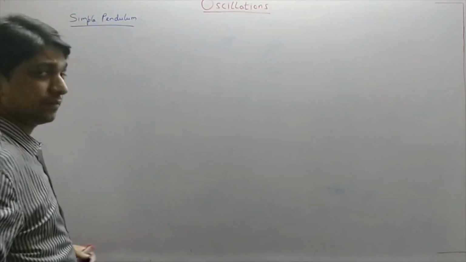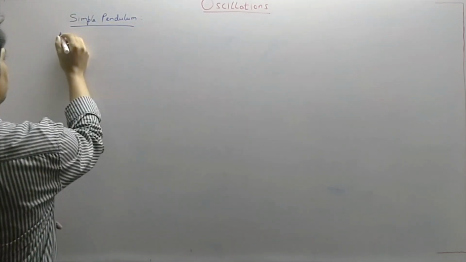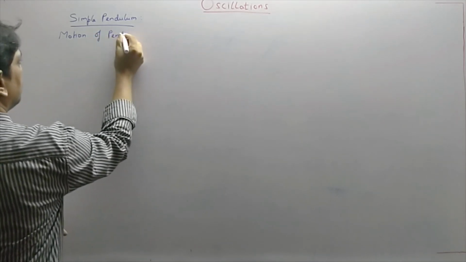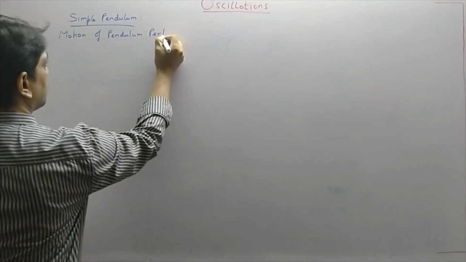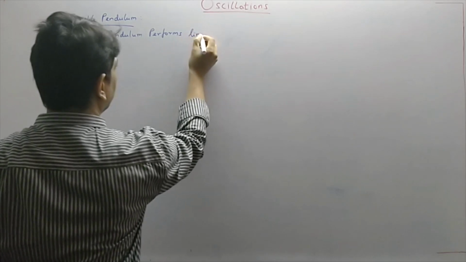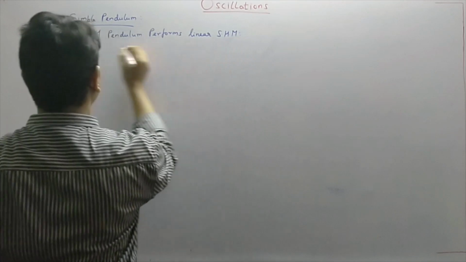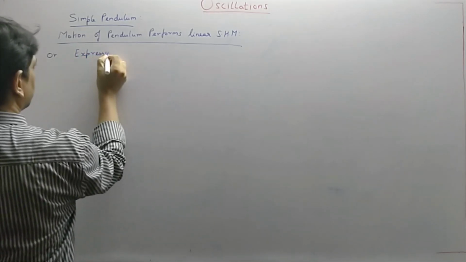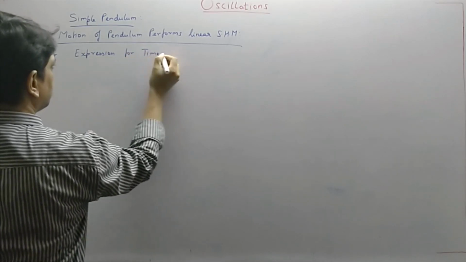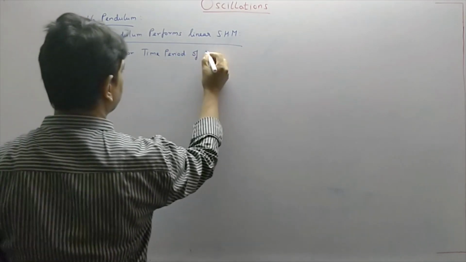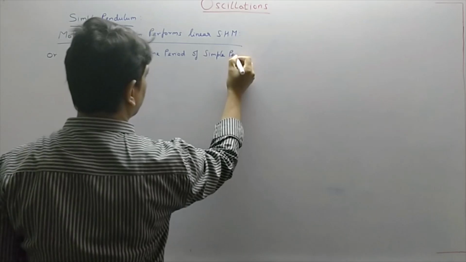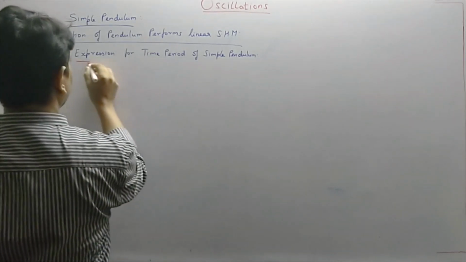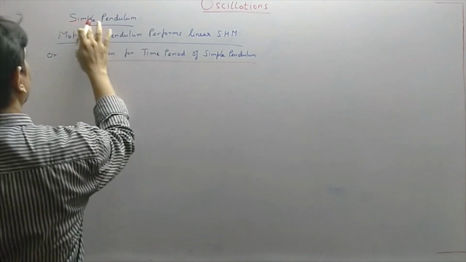We are now deriving that the motion of a simple pendulum performs linear simple harmonic motion, and deriving the expression for the time period of a simple pendulum. What formula is there for the pendulum? We will derive it now, as an application of linear simple harmonic motion. So, the expression for the time period of a simple pendulum.